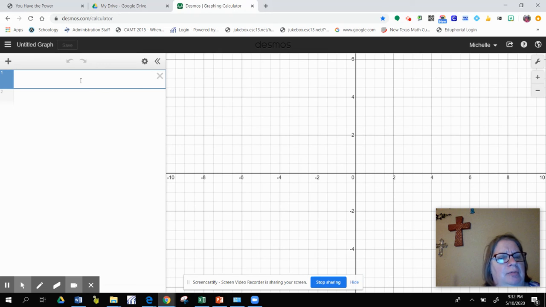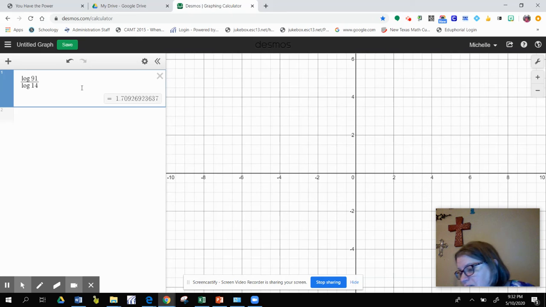Okay, so we had log 91 divided by log 14. I'm just typing LOG. There's nothing special about that. Typing the numbers. There it is, 1.709.